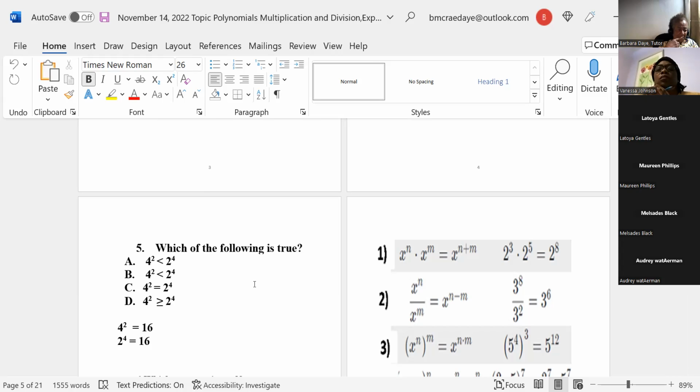It's true, so it equals, C? Yeah, C, right. These are actually the same. It's not less than, it's not greater than or equal, it's not greater than. So 16 equals 16. That means 4 to the second equals 2 to the 4th. Answer C.